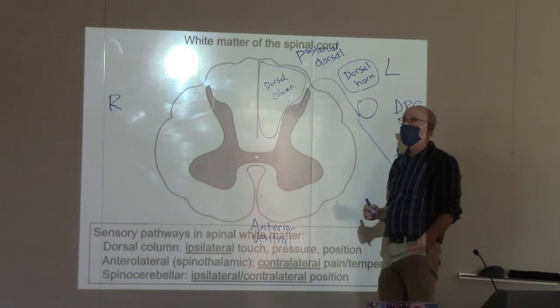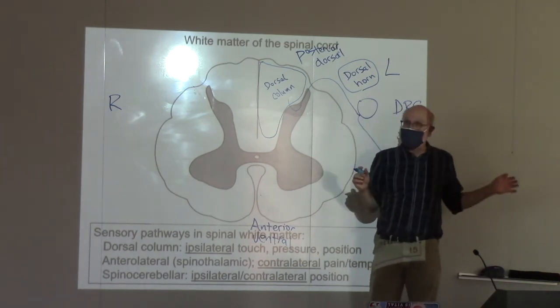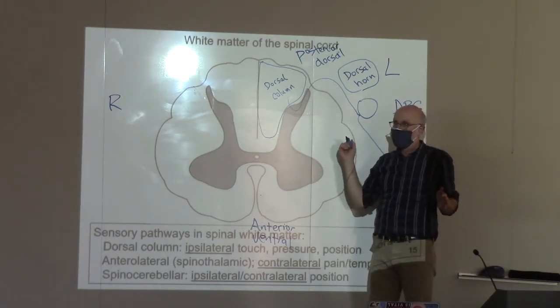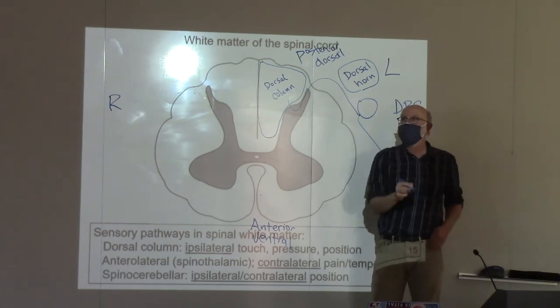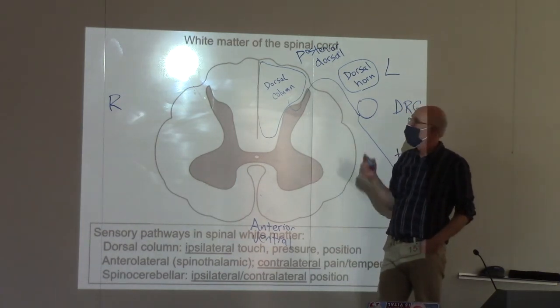Now where does it go? Let's just say if this is left and this is right, this is front and this is back, the brain is that way. We're looking down on somebody's spinal cord. The brain is that way.